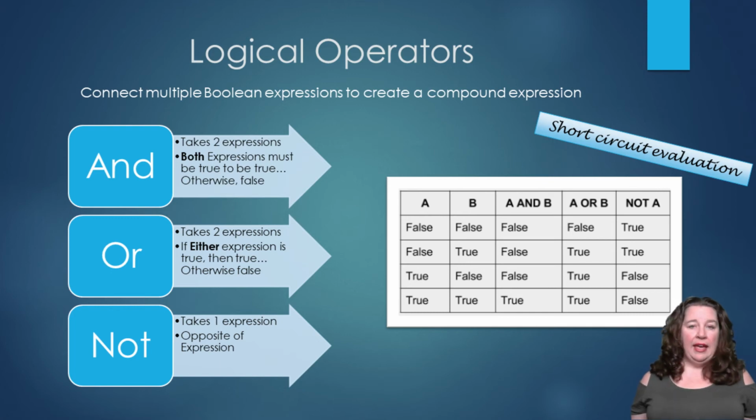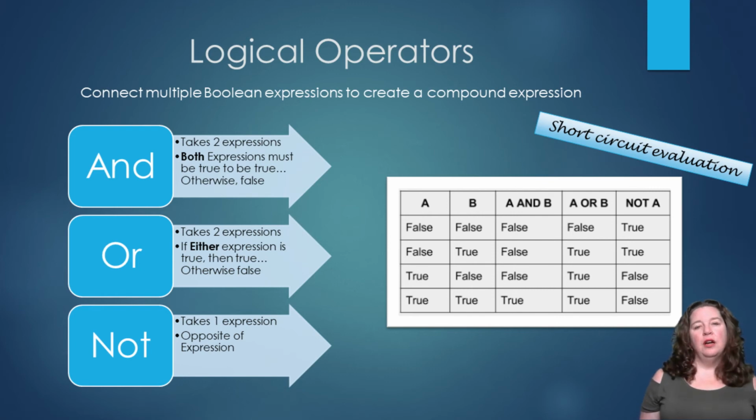Is A and B, or is A or B? So these are our logical operators, and they will help us to connect multiple Boolean statements into a compound expression. Remember, compound words where you take two words and you push them together. In this case, we're taking two expressions and we're pushing them together. And I've given you the decision tree here, or the truth table here.